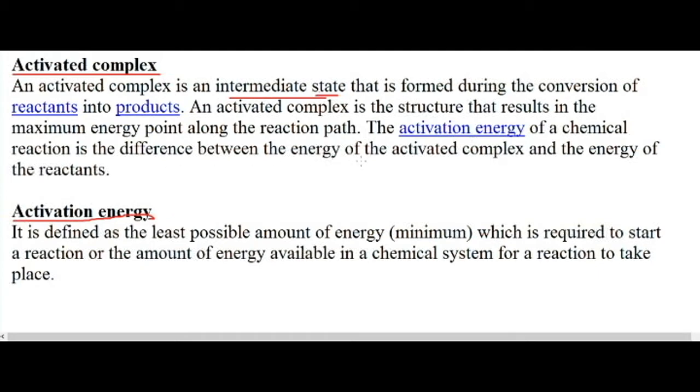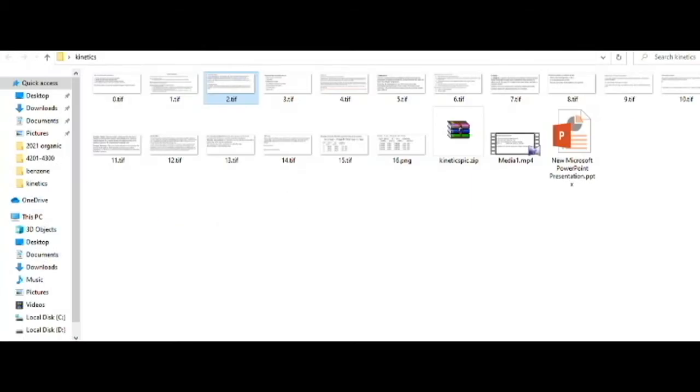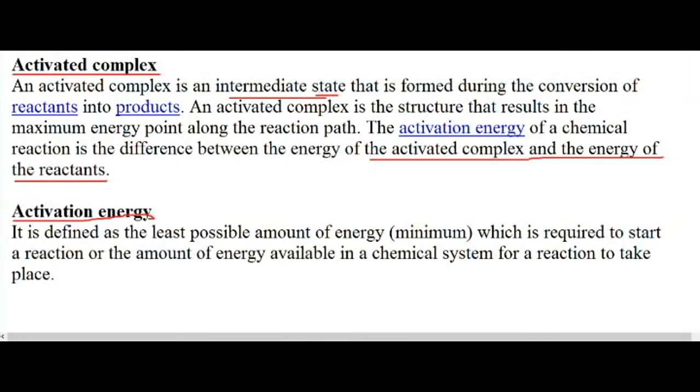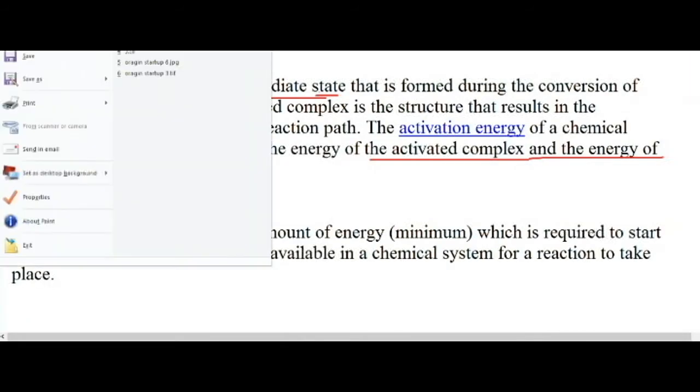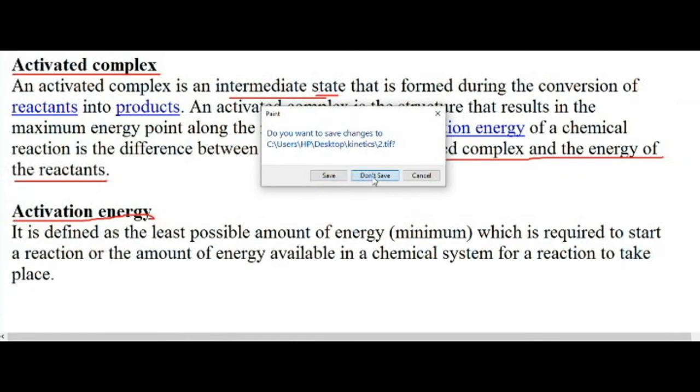The activation energy of a chemical reaction is the difference between the energy of the activated complex and the energy of the reactants. So this is the part. I will explain the activated complex also. Okay, now we'll move on to the next part.